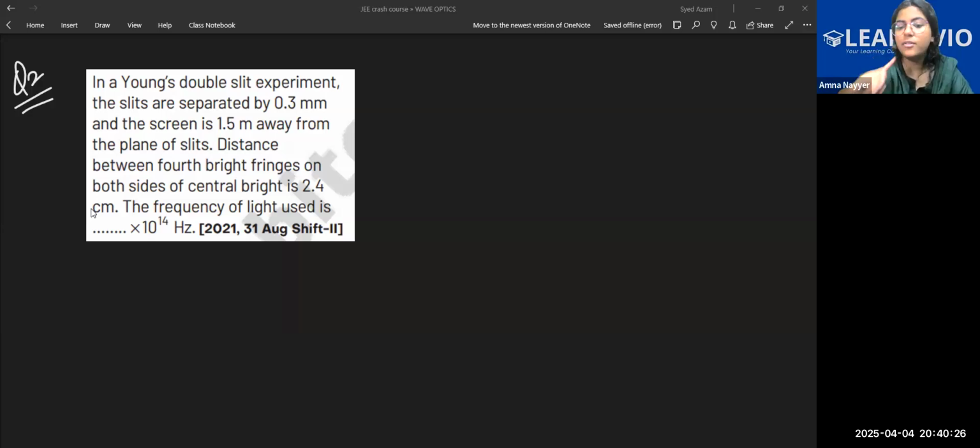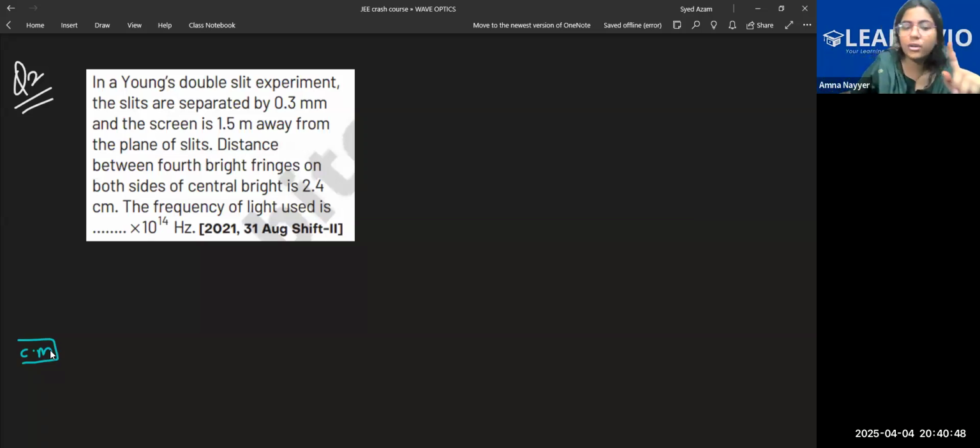You have to be very careful in this. If this is the central maxima, then you have the first bright here, first dark, first dark on both sides, then after this the first bright and then first bright, then again the first dark, like this.